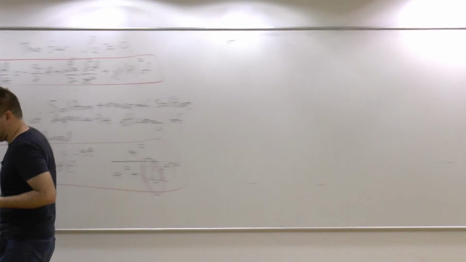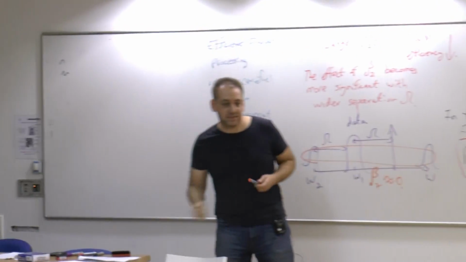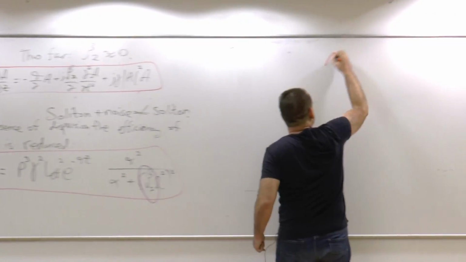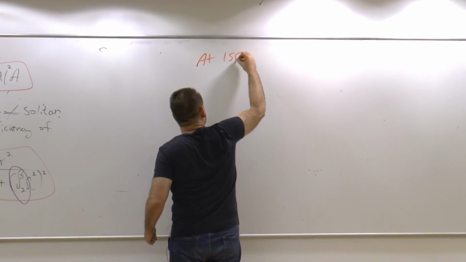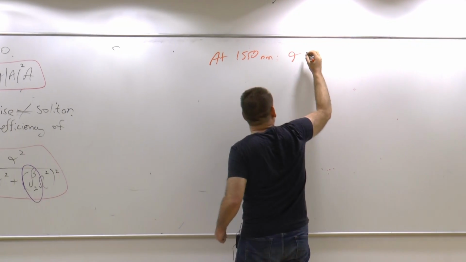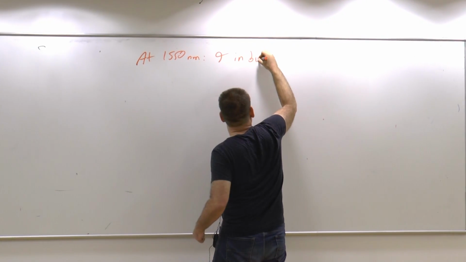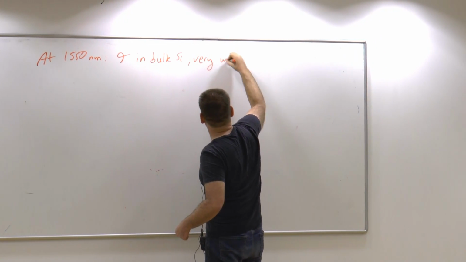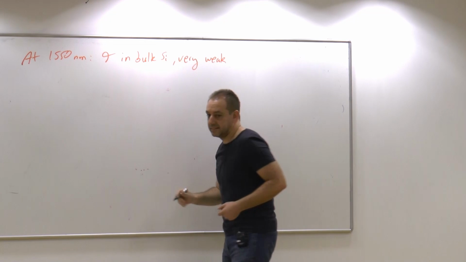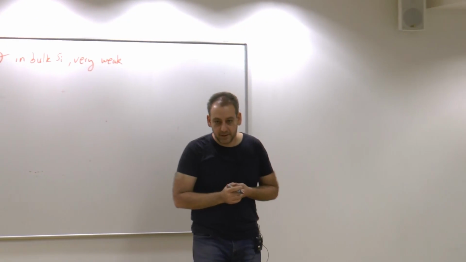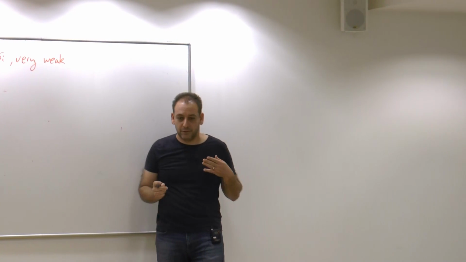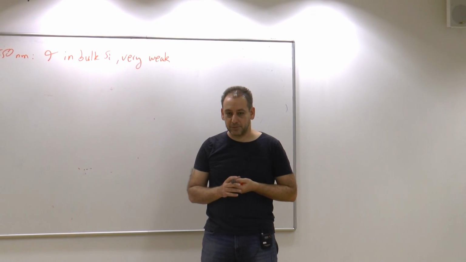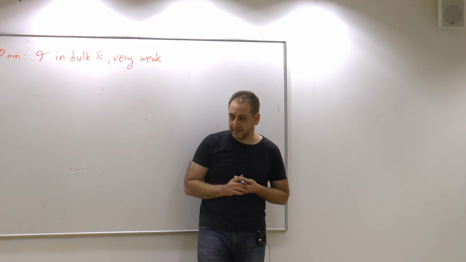So I told you already that losses in silicon proper are very low. For example, at our wavelength, at 1550 nanometers, alpha in bulk silicon at least is extremely weak. Silicon has excellent transparency as of itself. We already know that if we build a waveguide, we take additional penalties of roughness issues and bending losses.